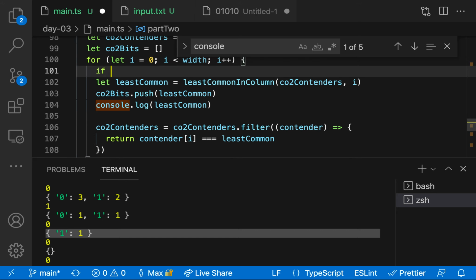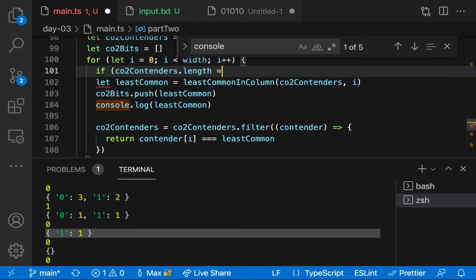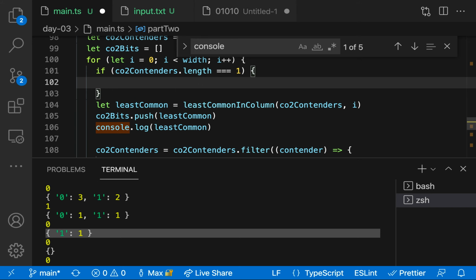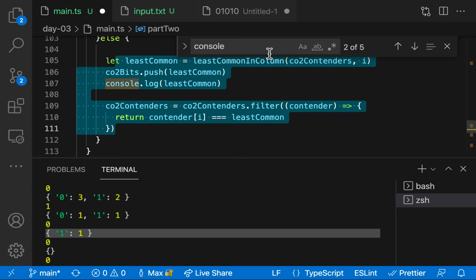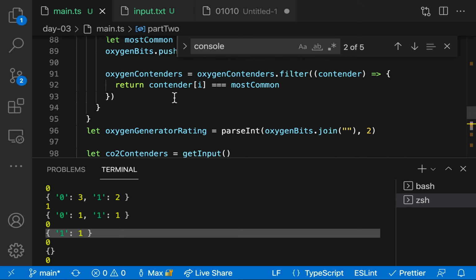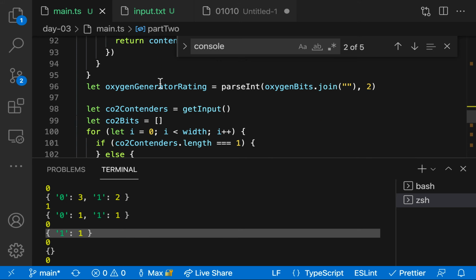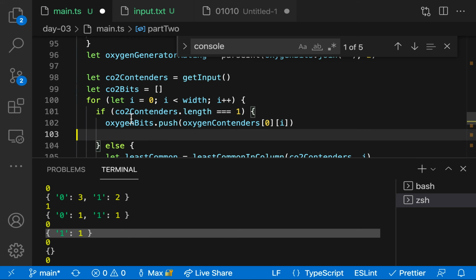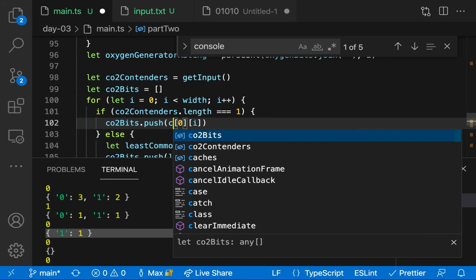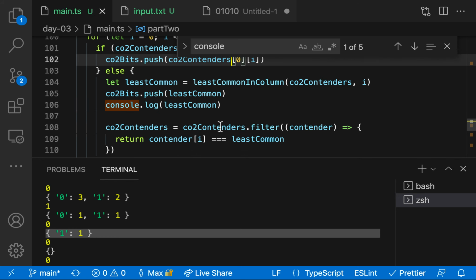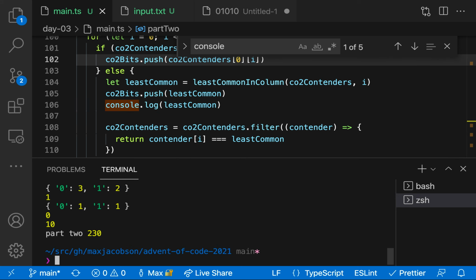All right, so we'll say if CO2 contender's length is 1, else, and we'll do all this other stuff. So I'll try literally the same thing here, but this will be CO2 bits and CO2 contenders. Where does this put me? That puts me with the correct answer. All right, great.